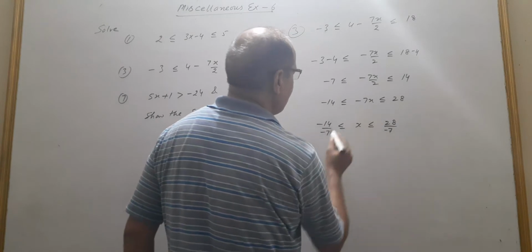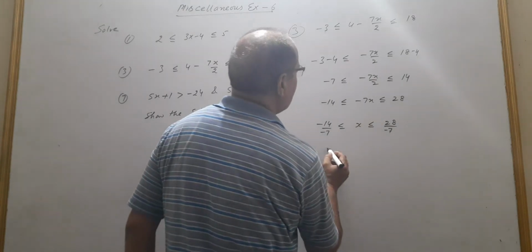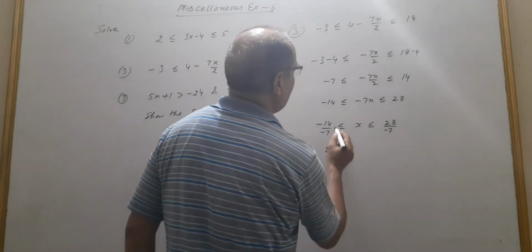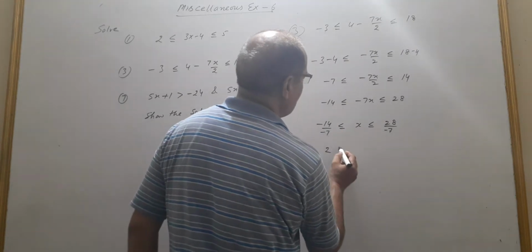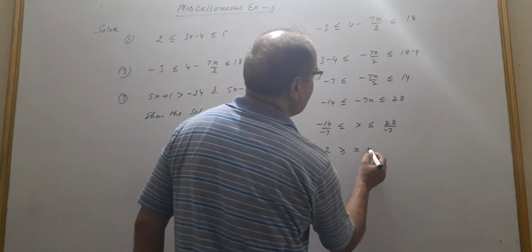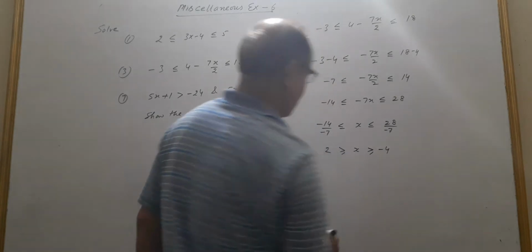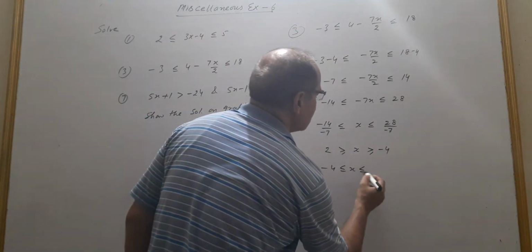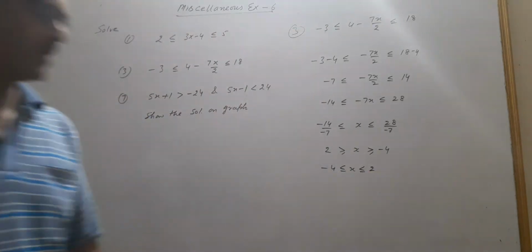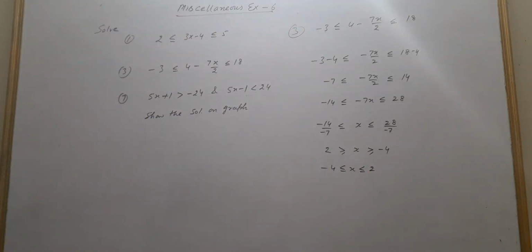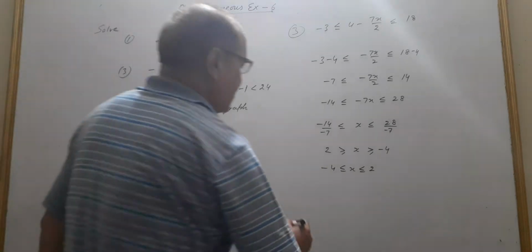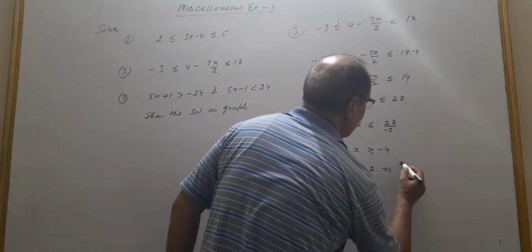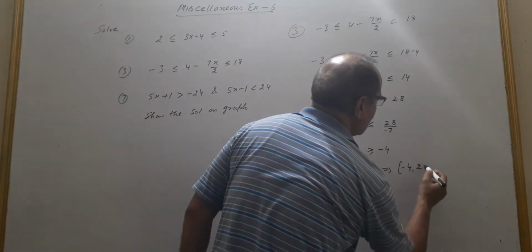Why? Because we divide or multiply by minus. Therefore 2 is greater than or equal to x is greater than or equal to minus 4. Now the result can be written as minus 4 is less than or equal to x is less than or equal to 2. Okay, you know how to solve this. Therefore the result in interval form will be written as [-4, 2].